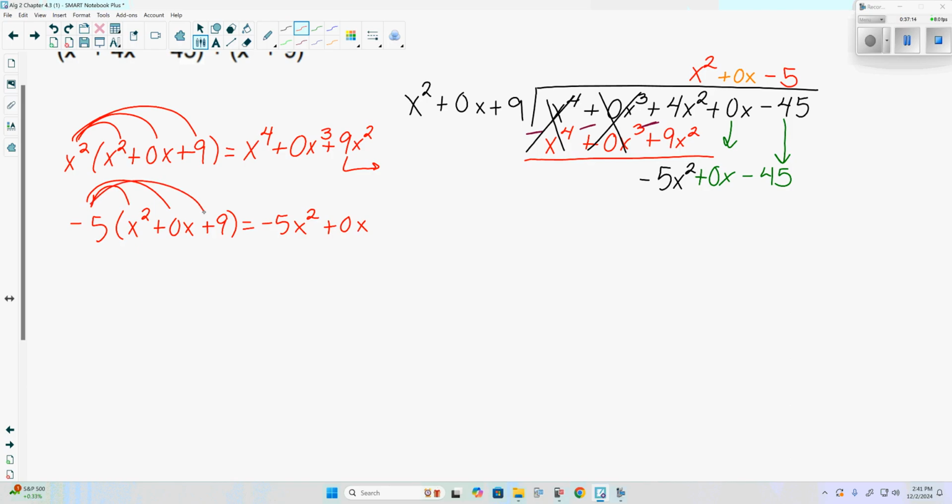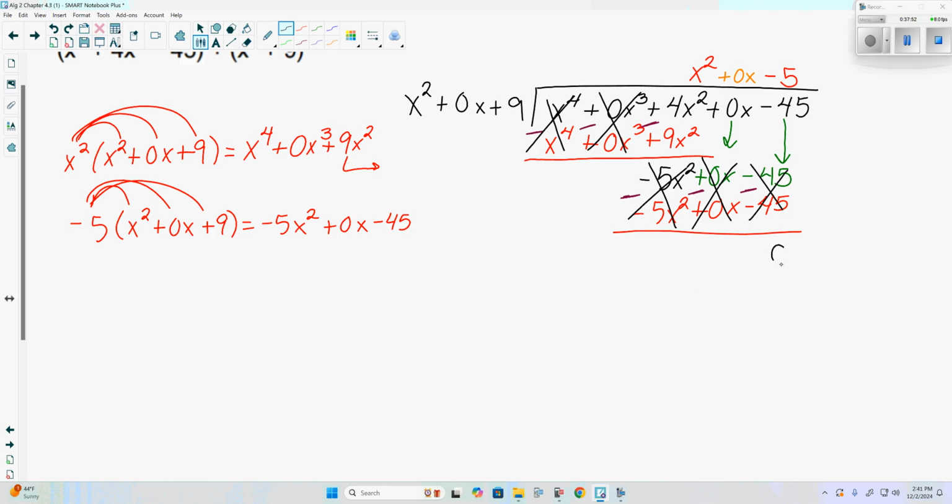Negative 5 times 9, negative 45. Yep, negative 5x squared minus negative 5x squared is 0, yes? 0x minus 0x, still 0. Negative 45 minus negative 45.